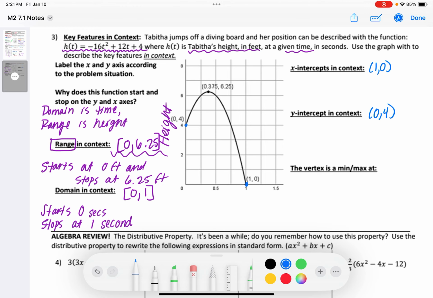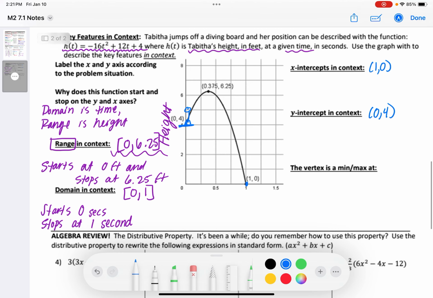The y-intercept means this is where she starts, standing on the diving board. Then she's up here in the air, and she hits the water right there at 1 second at 0 height. So the x-intercept is where she hits the water, and the y-intercept is where she's standing on the diving board.